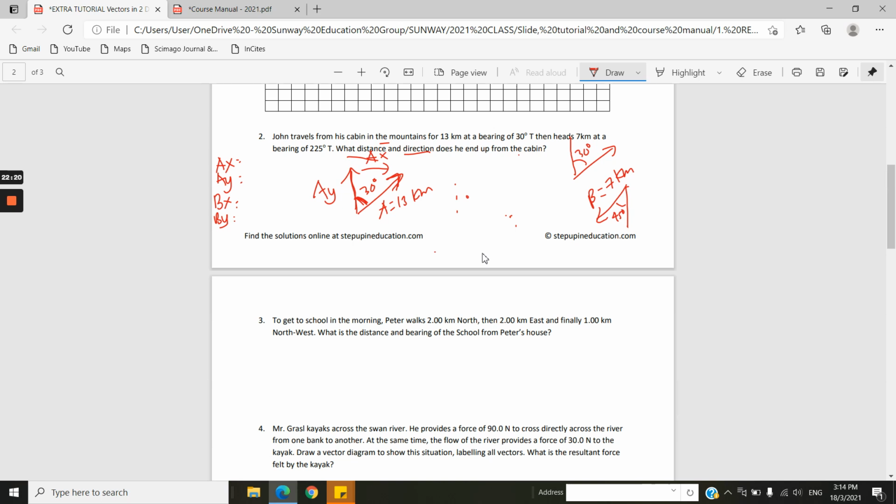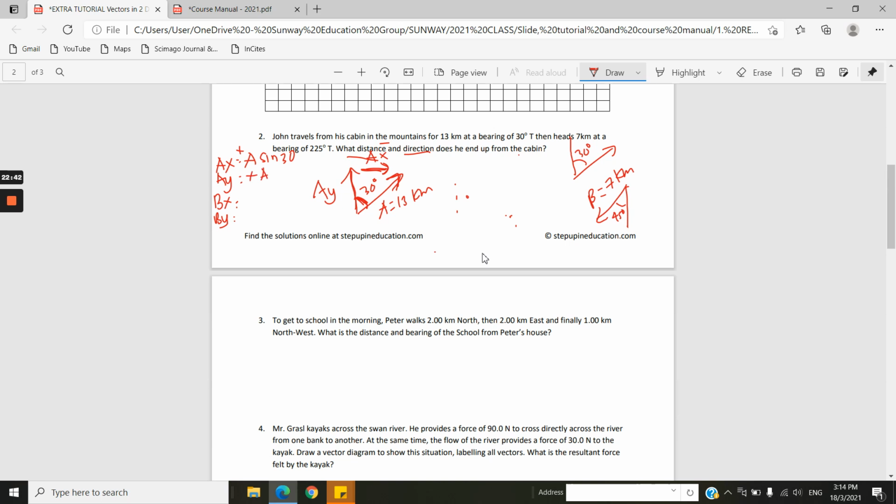So now what is your AX? AX is opposite the angle. So sine or cos? AX, this is 30, sine or cos? So it will be sine. Positive. AY is also positive.